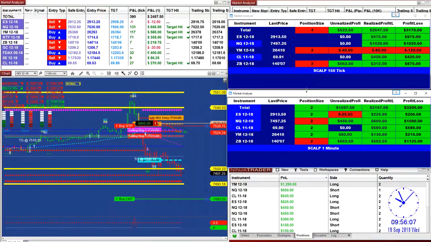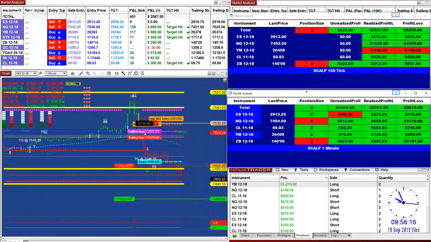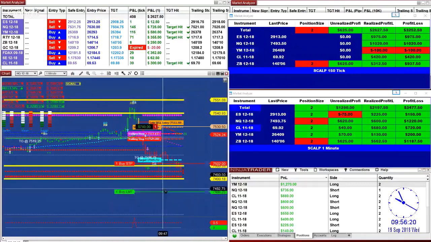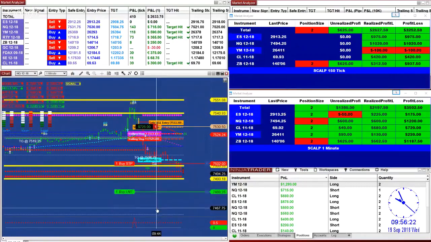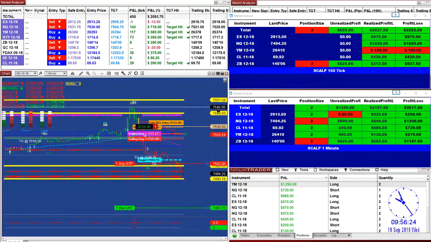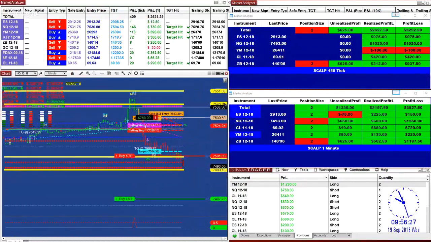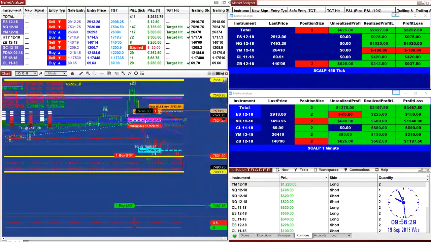As you see today, the 1 minute and the 150 ticks is killing the market today. So what I'm telling you is, welcome to trading. Sometimes you will have good days, and sometimes you will have a bad day, and no one in this business is going to have a winner every single day.